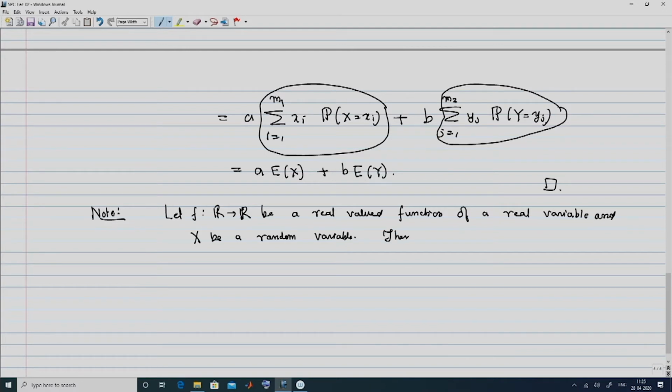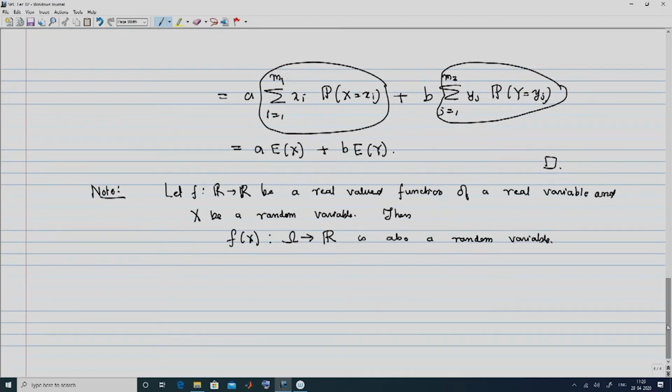Then I can make the observation that f of X, which will be from omega to R, since X is from omega to R, is also a random variable.